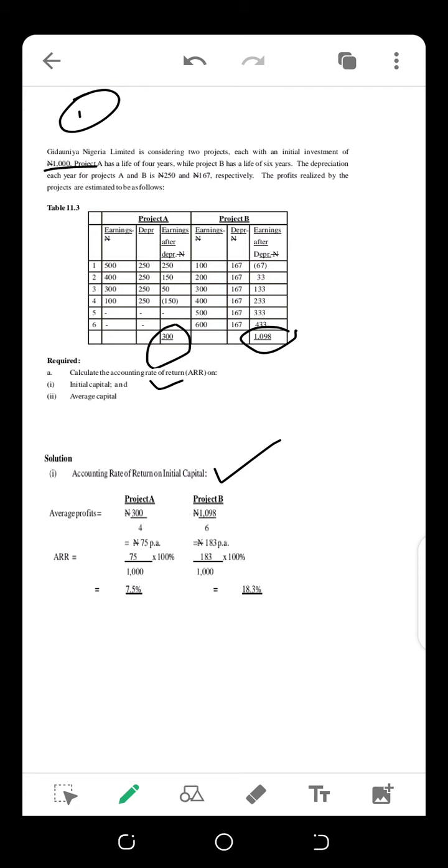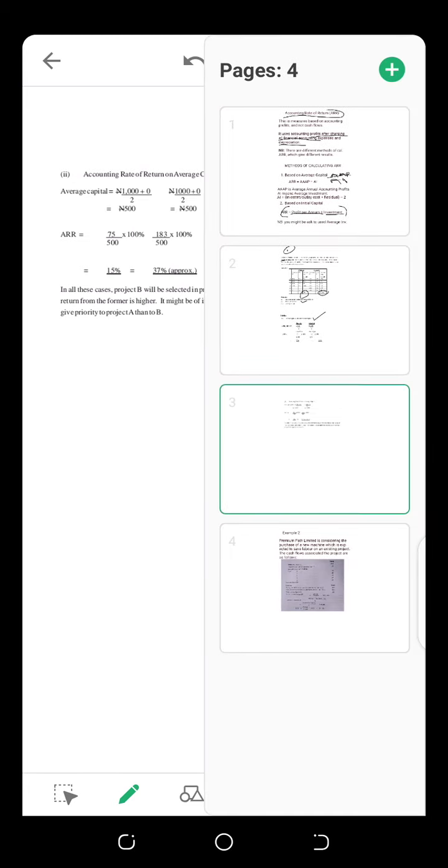Let's take that. If you're calculating based on average capital, your ARR, don't forget the formula we gave for average capital is average annual accounting profit divided by what?